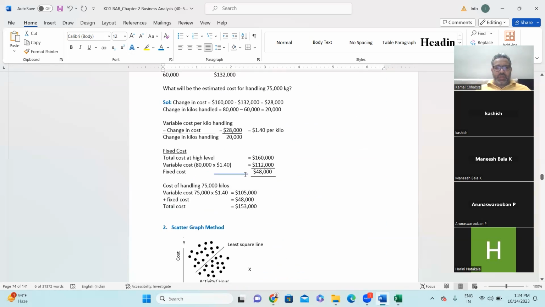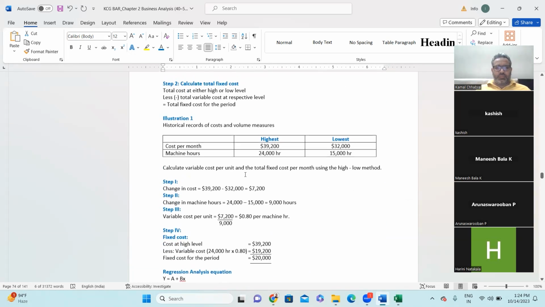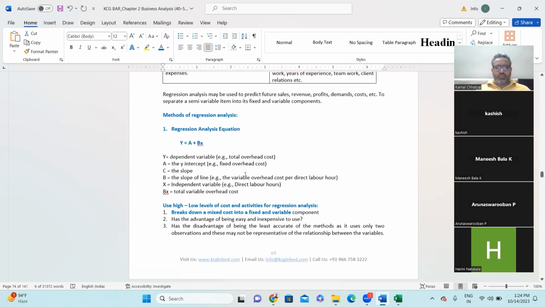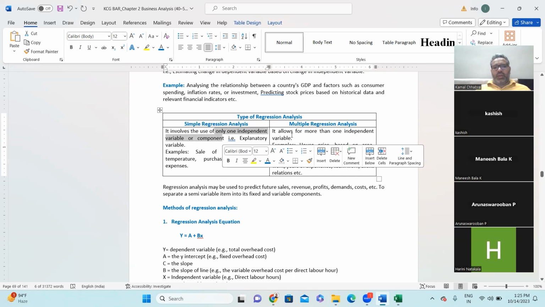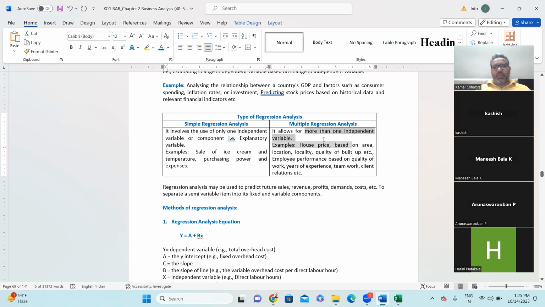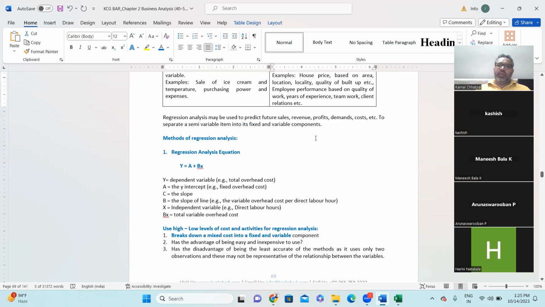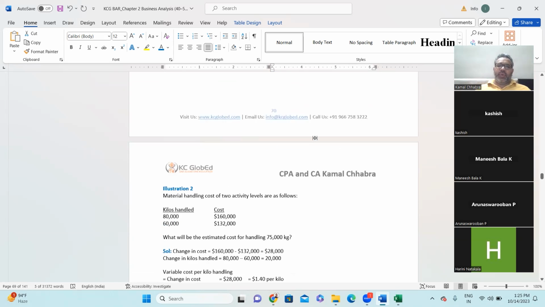If you remember what we have studied here, simple regression and multiple regression. So in simple regression, you have only one independent variable component, and here you have more than one independent variable, right? So what is the difference between simple regression and multiple regression?